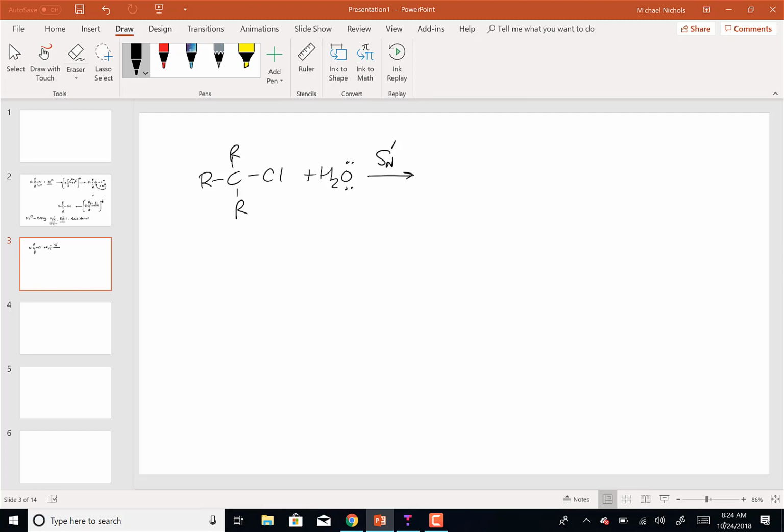I'm also going to change my definition of SN1 and SN2 a little bit, because I'm going to say any 1 reaction involves a carbocation, and any 2 reaction, there's no carbocation. Because while we're doing SN1 and SN2, there's also going to be an E1 and an E2.